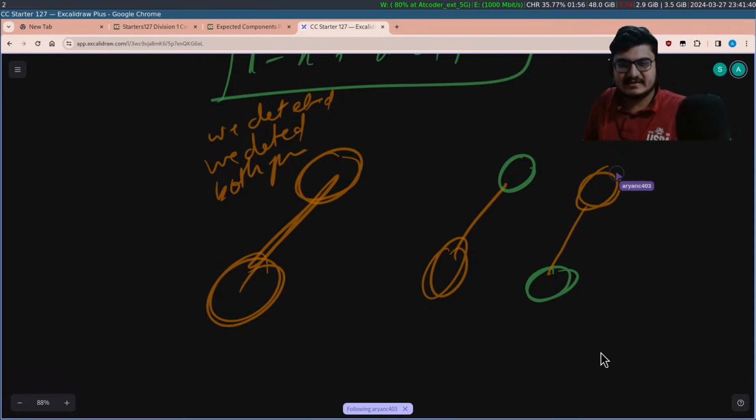These are the 2 possible cases, right? For any deleted edge, either both the endpoints were deleted or only one endpoint was deleted.